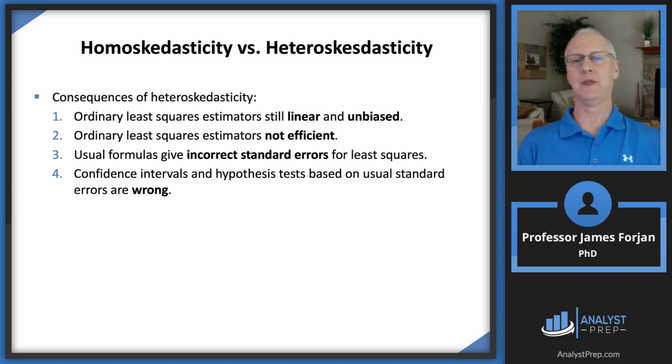And the reason that they're not going to be efficient is because when heteroskedasticity is present, incorrect standard errors are calculated, which means that all of the hypothesis tests, the T and the P and the confidence intervals, are not going to be reliable. They are going to lead to incorrect conclusions.